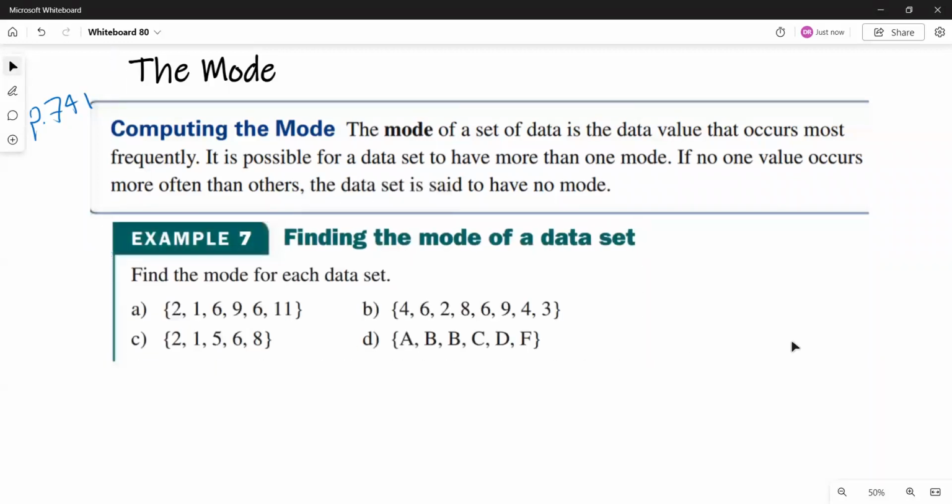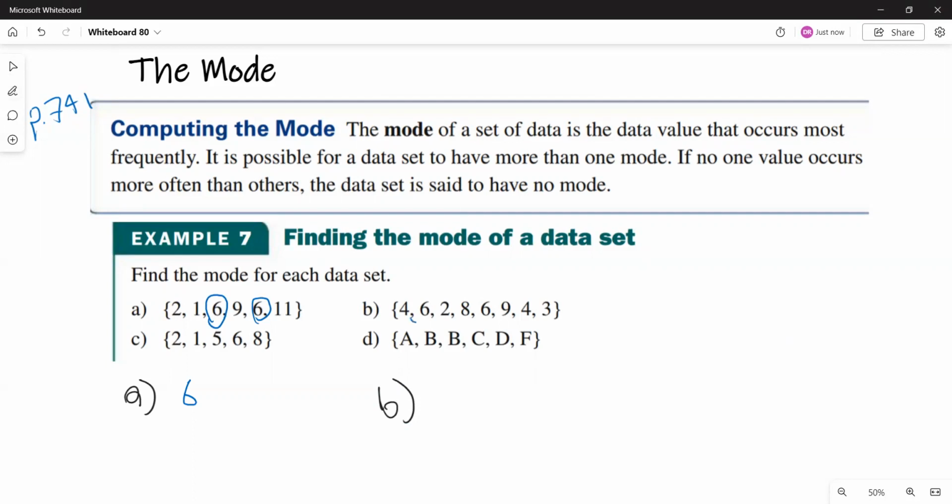Okay, find the mode of a data set. We're going to find the mode for each data set. Note that in the first set, set A, 6 is the only value that repeats, so the mode is 6. In B, we're going to have more than one mode.